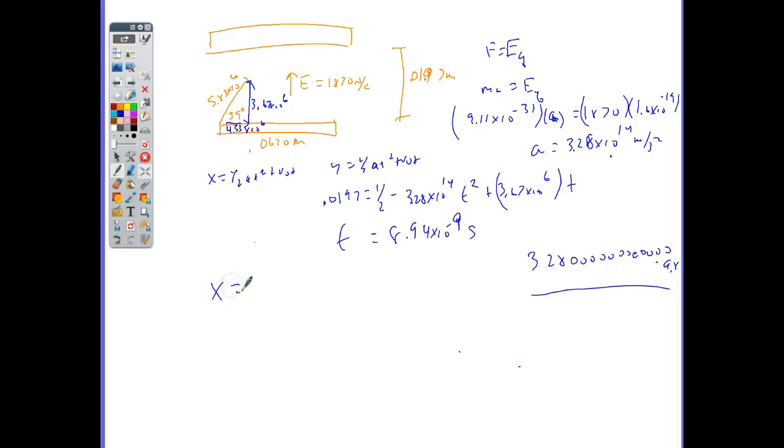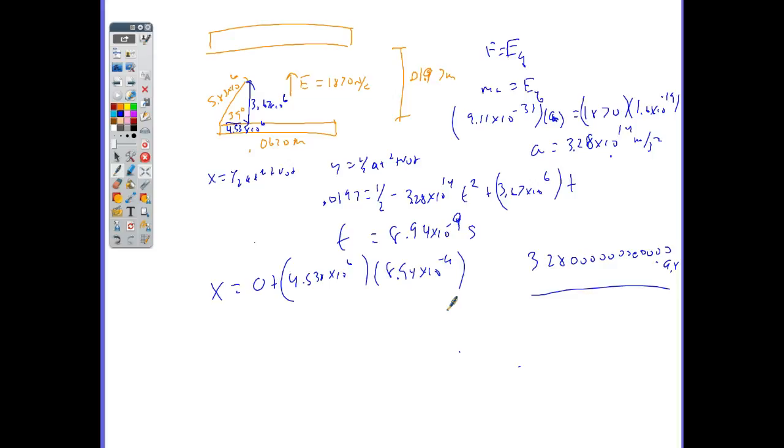So I get x equals, no acceleration left or right. The field is pointed straight up and down, so I don't have to worry about that. So I get 0 plus initial velocity, 4.38 times 10 to the 6th, times this ridiculously small number. And I get how far in this direction it goes, how far it's going to strike the plate.